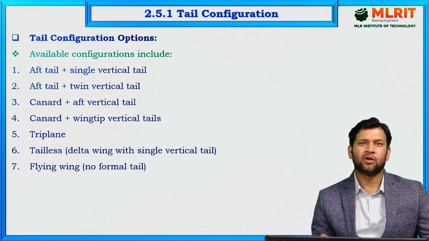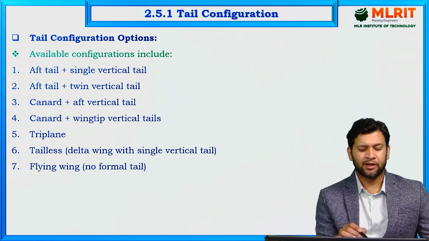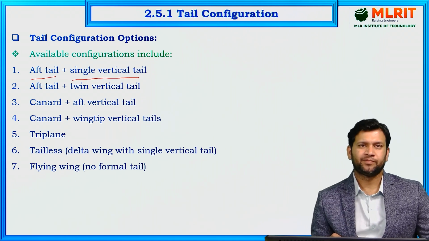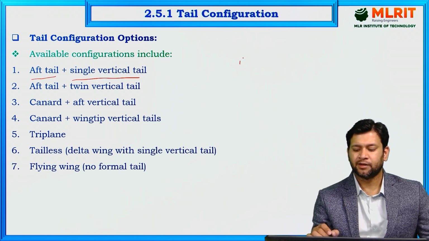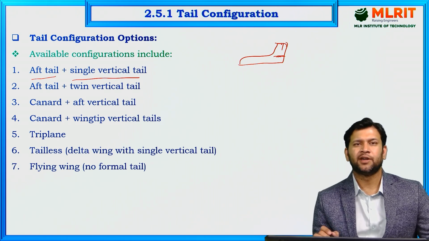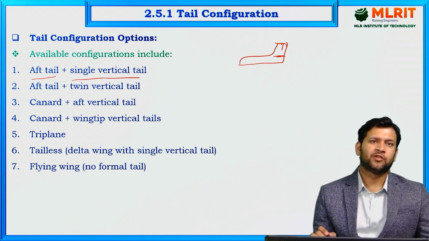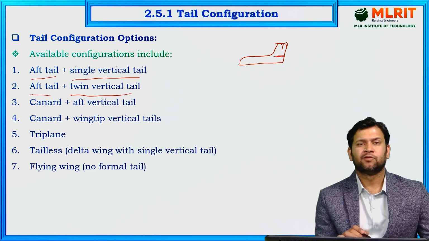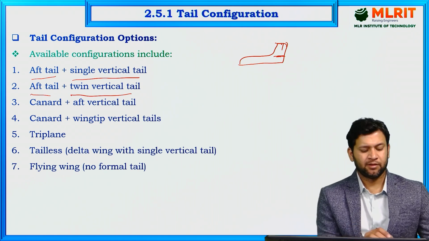Tail configuration options which are available include aft tail and single vertical tail. Aft tail here is this one, the conventional tail, which will be on the empennage part. Then we have aft tail with twin vertical tail.